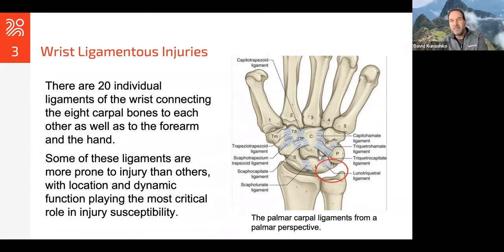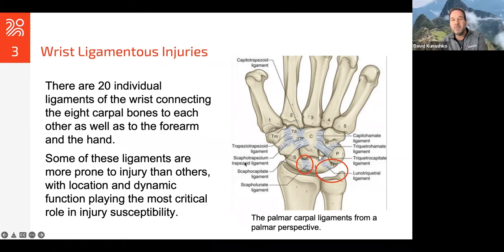That's what I'm going to focus on today specifically. This is now the palmar view. I'll use the term volar instead of palmar or dorsal. In the palmar view, you can see there are two specific areas I'm going to focus on today: between the scaphoid and the lunate, and between the radioulnar joint and the lunate and triquetrum.